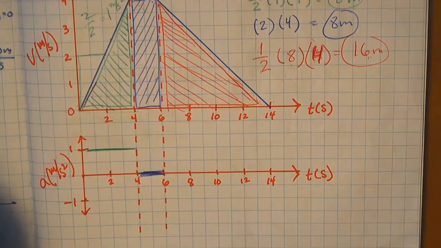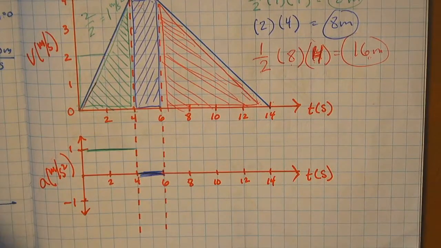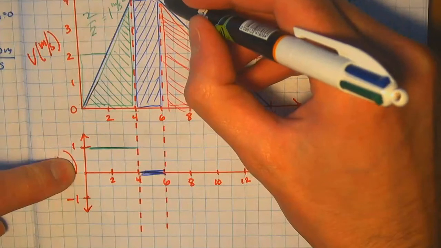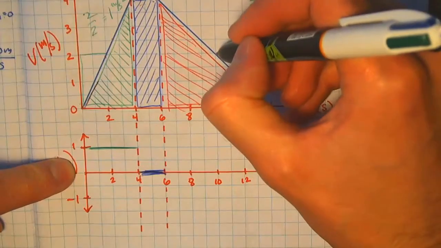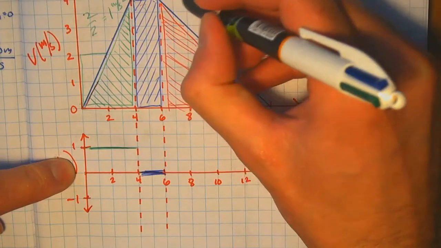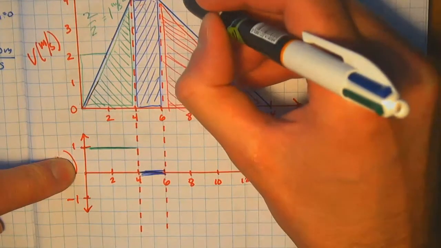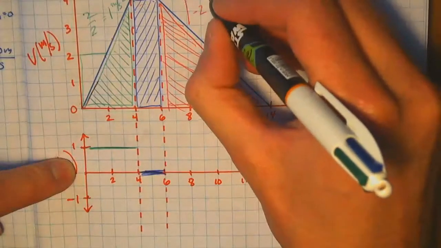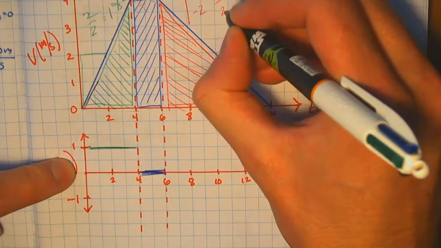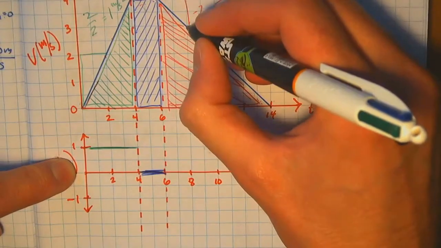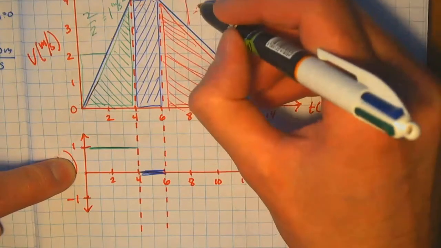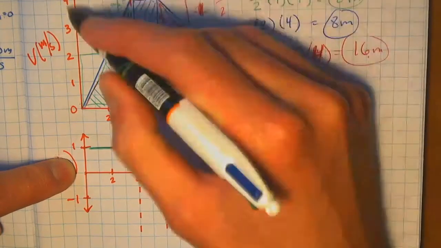And the slope for this last part, let's see here, it goes over 2, down 2. So rise over run would be -2 over 2. Oh, sorry, I messed this up, down 1. Because it goes from 4 to 3.